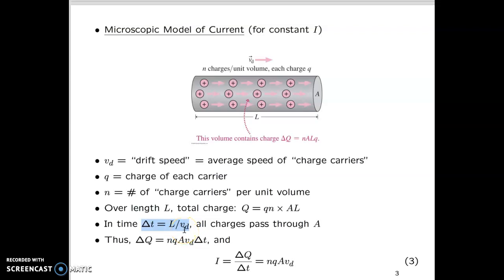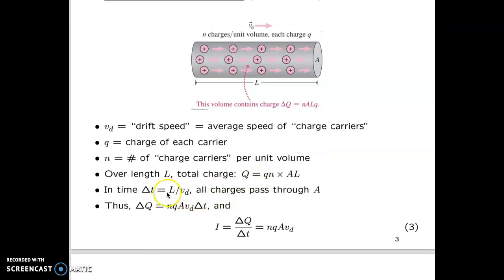What that means is, for that choice of time interval, all of the charges contained within this volume will pass through this cross-section of the cylinder in that time interval. If you wait for delta t, then the very last charge carrier on the far left side of the cylinder will pass through this cross-section at the end of that time interval.